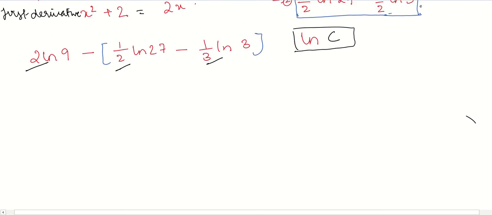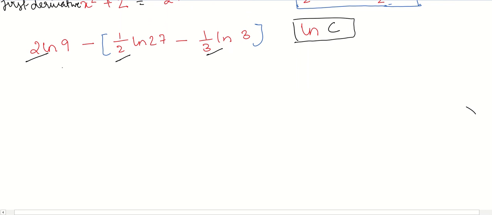So now we have basically ln. What is common in all of them? There is 9, there is 27 here, and then there is 3 here.